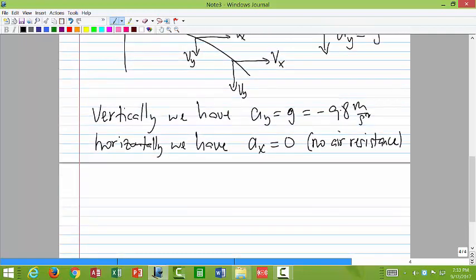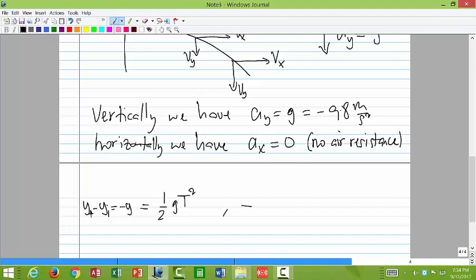Using our formula, we know that it falls vertically, so h is the vertical displacement. Let me do it this way. Going down, the top is the initial position h and the bottom is the final position, 0. So y final minus y initial is equal to negative h.